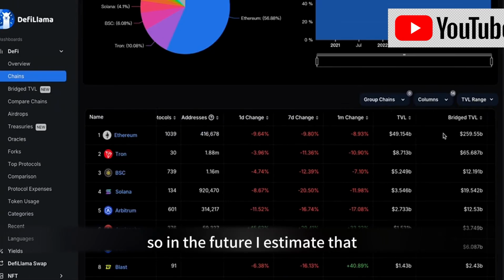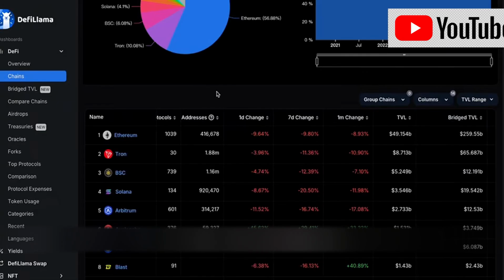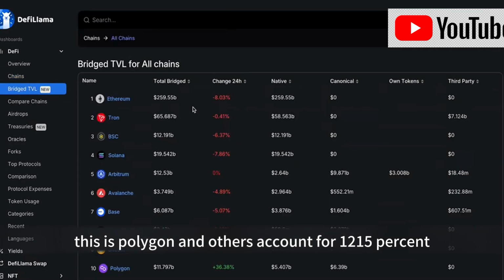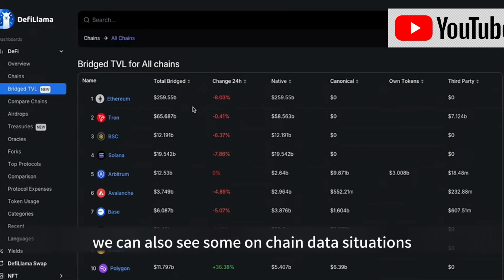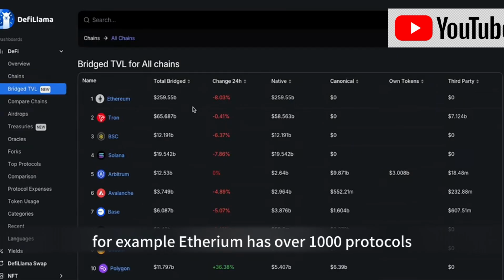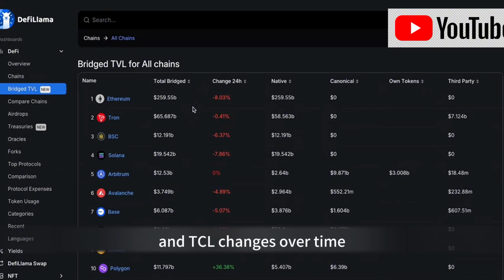So in the future, I estimate that Bitcoin Layer 2 network TVL will continue to grow. Previously, there was none. This is Polygon, and others account for 12.15%. We can also see some on-chain data situations. For example, Ethereum has over 1,000 protocols on this public chain with 410,000 addresses. And TVL changes over time.